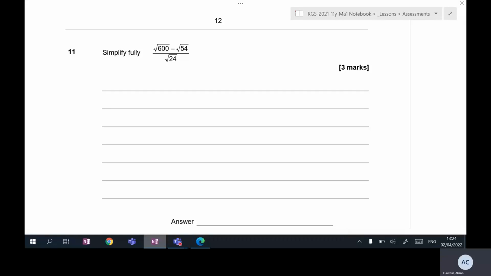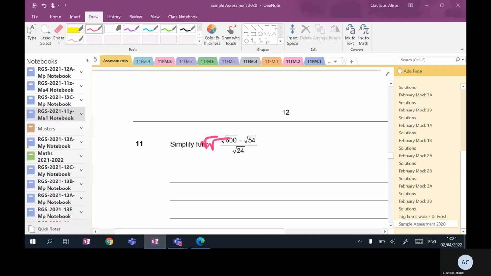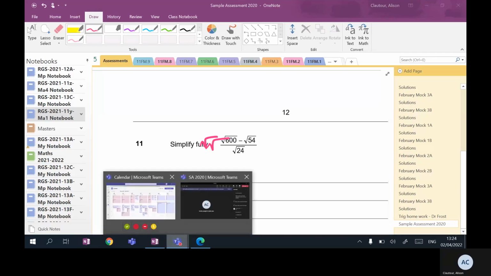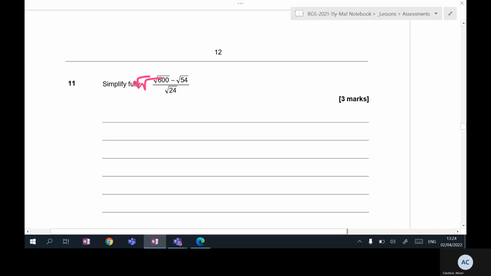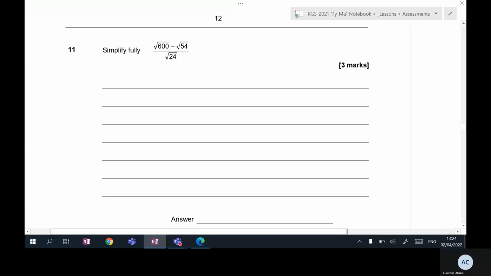Okay, question 11 is simplifying surds. So remember, you want to break your surds up into 2 factors, one of which is a square number.